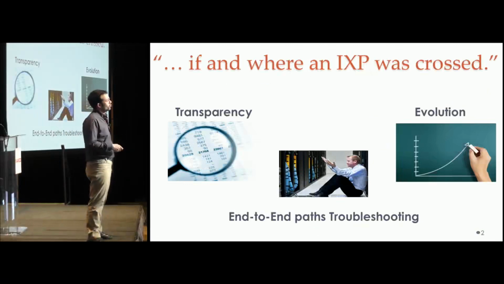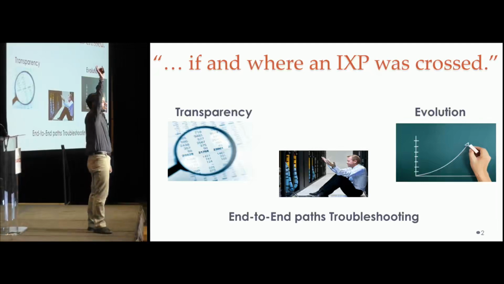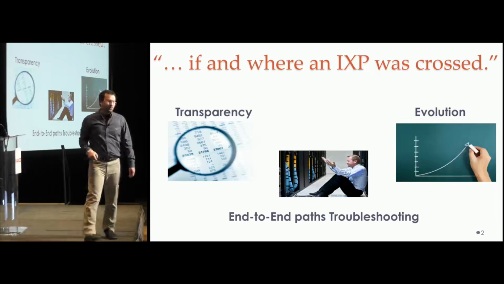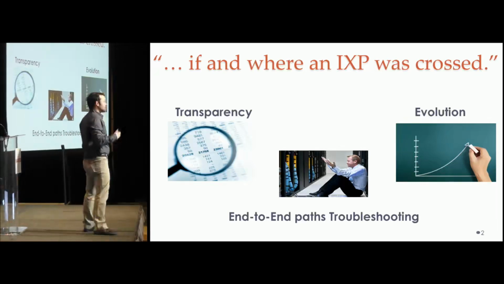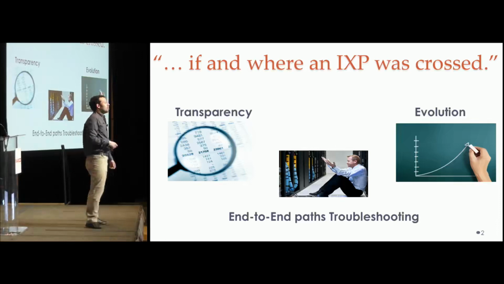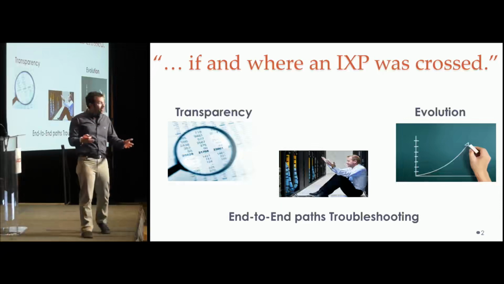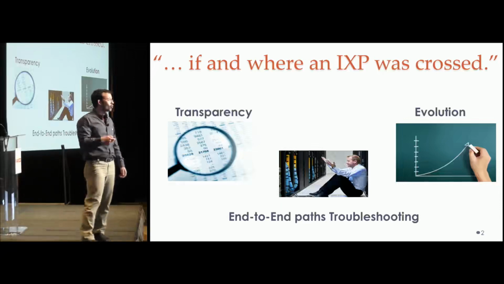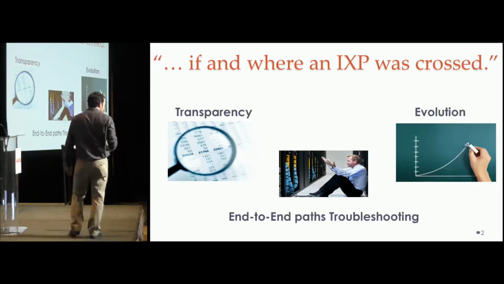Okay. Let me ask you something. How many of you use traceroute? Please raise your hand. Awesome. Let me ask you something else. Why is it important to know if traceroute paths cross an IXP? Or why is it important to know, in general, if our traffic goes through an internet exchange point?